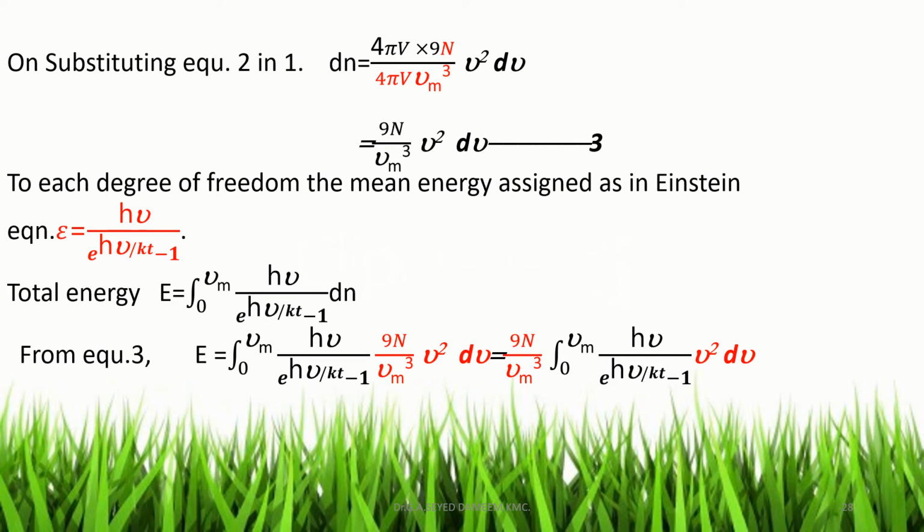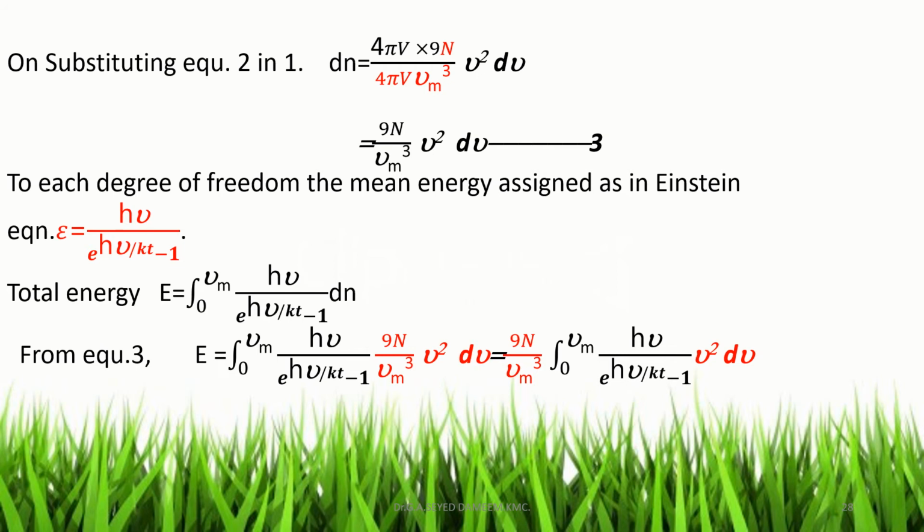Now to each degree of freedom, the mean energy assigned by the Einstein equation is E is equal to hν divided by e^(hν/kT) minus 1. So the total energy E is equal to integral 0 to ν_m hν divided by e^(hν/kT) minus 1 and dN. And the value from equation 3 is substituted for dN.